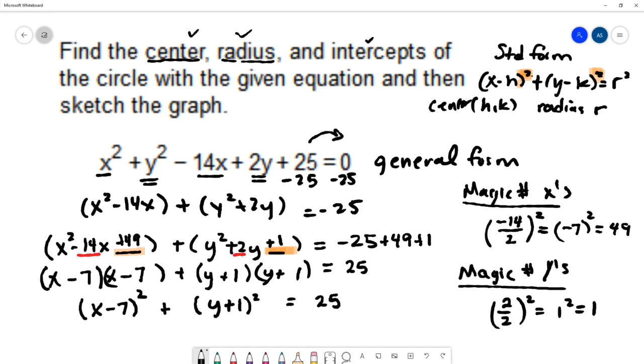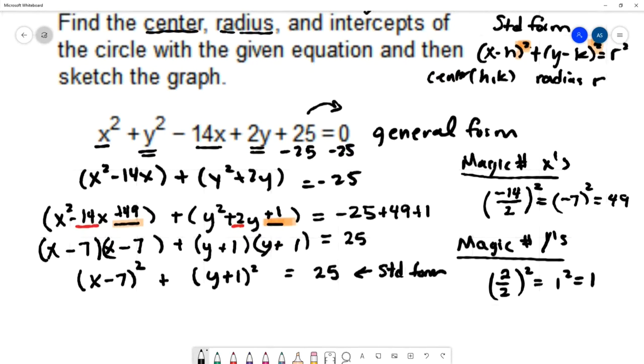So we've now changed the equation from general form to standard form. And with it in standard form, we can identify the center and the radius. As a center of 7, negative 1, with a radius of 5.